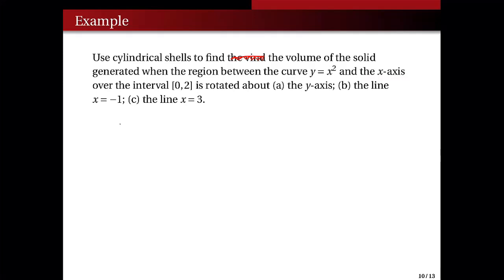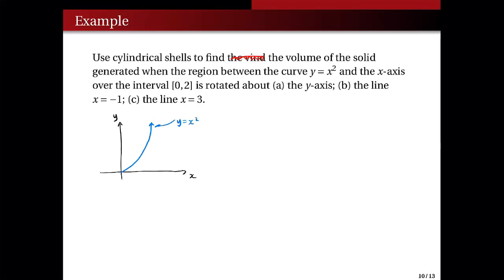Let us graph here. So this is x and then this is y. We have y equals x squared. So say this is the graph of that. And then we need the interval 0, 2.